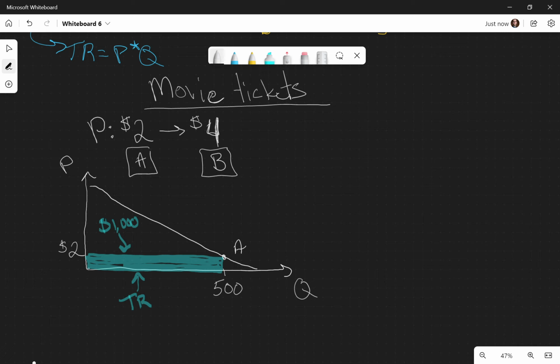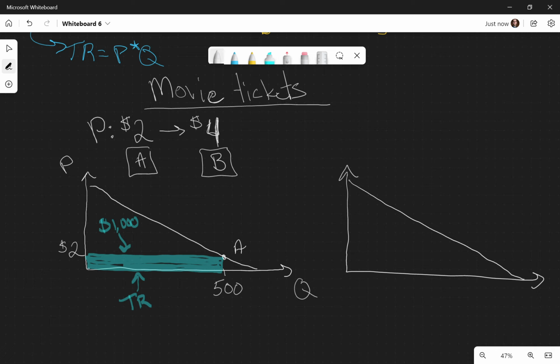Now, what happens if the price increases? We are told information that both of these points, both this $2 price point and this $4 price point, right?